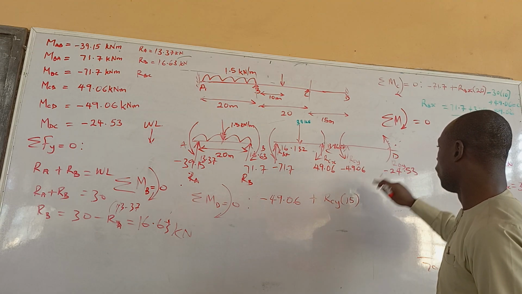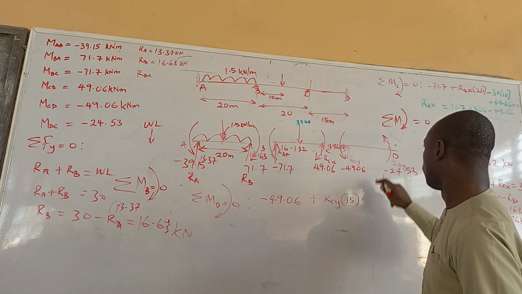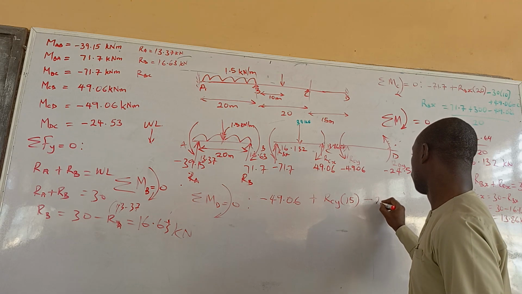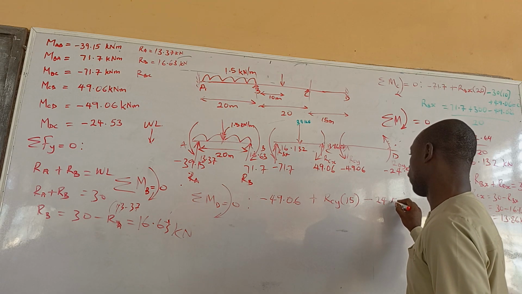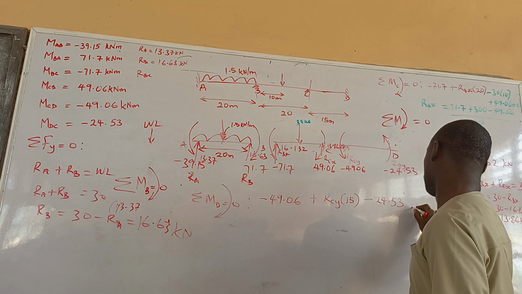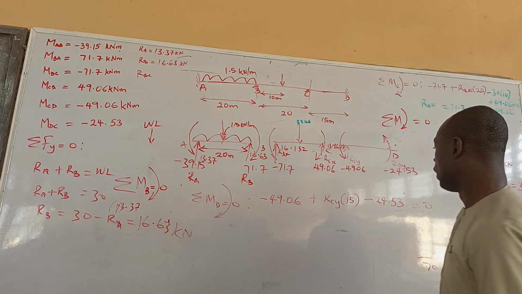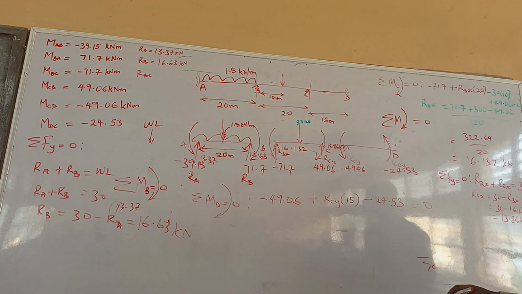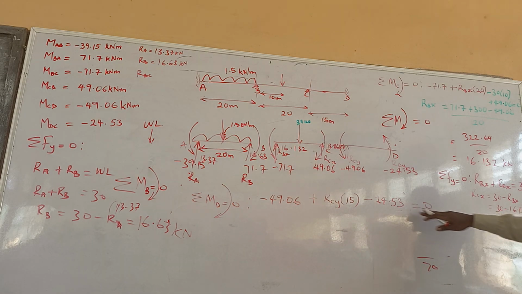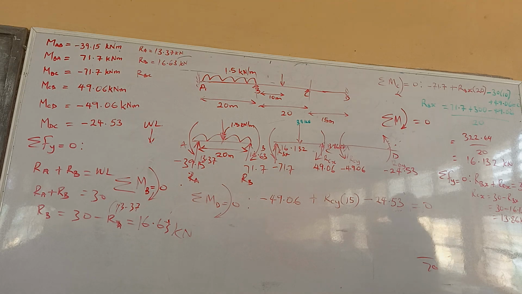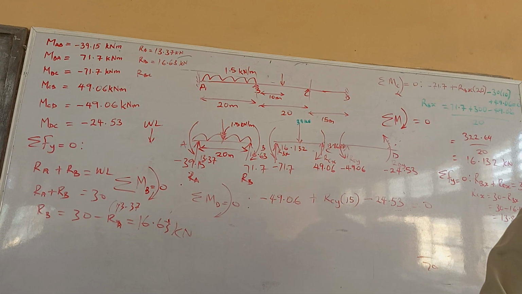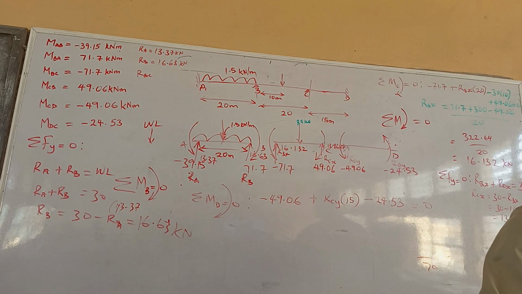But we have the moment here. What's the value of the moment here? Minus 24.53, right? Which is now equal to 0. Do you know how we got this? Any question on this equation we have here?